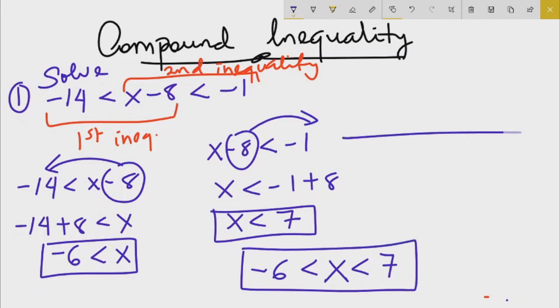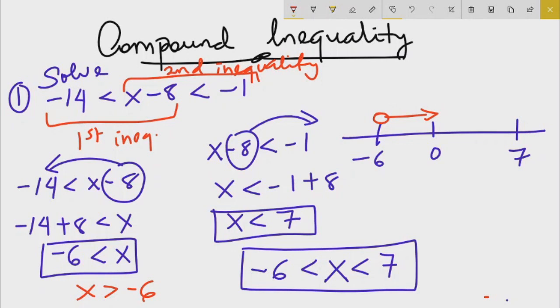So we can graph the solution. This is -6 and 7. 0 is somewhere in between them. Before we plot, -6 less than x means x greater than -6. So that means we are on -6 with an open circle, going towards the right.